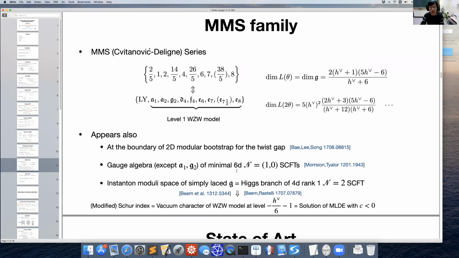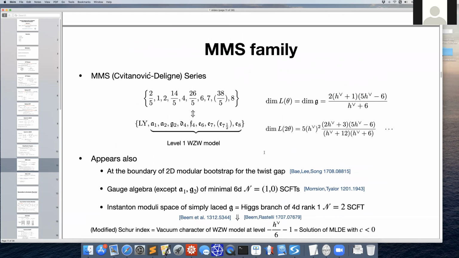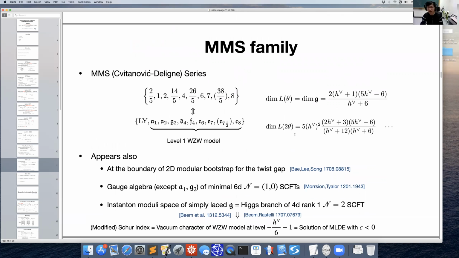This appears in many places of physics and mathematics. Are you saying that this Lee-Yang theory appearing here is unitary? No, I'm not saying they're unitary. In the Lee-Yang theory we have a vacuum and another primary, but that primary has negative weight.